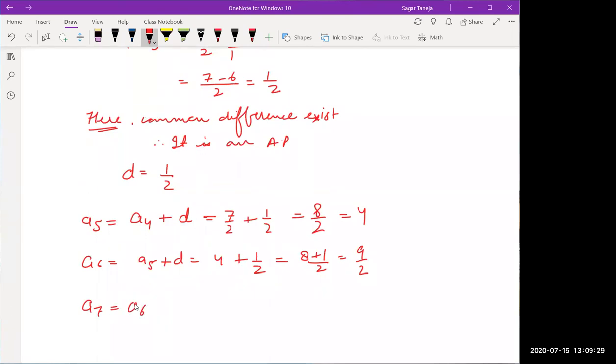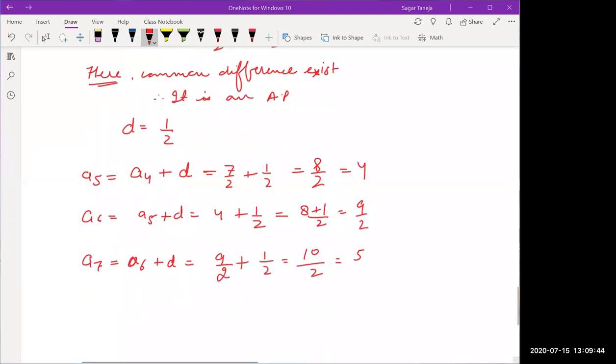So A6 plus D, and the 6th term is 9 by 2, plus D, that is 1 by 2. So it will be 10 by 2, which equals 5. So the next 3 terms are 4, 9 by 2, and 5.